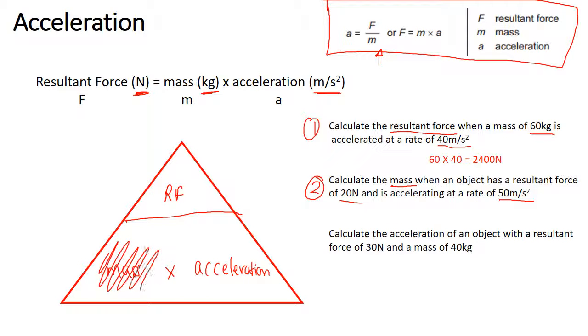So there's only one equation I could possibly use, and I'm going to look at my equation triangle and cover over the thing I want to know, and I want to know mass. So I'm going to cover over mass. That means I'm going to have to do my resultant force divided by acceleration. So I'm going to do 20 divided by 50, and it leaves me with a mass of 0.4 kilograms.